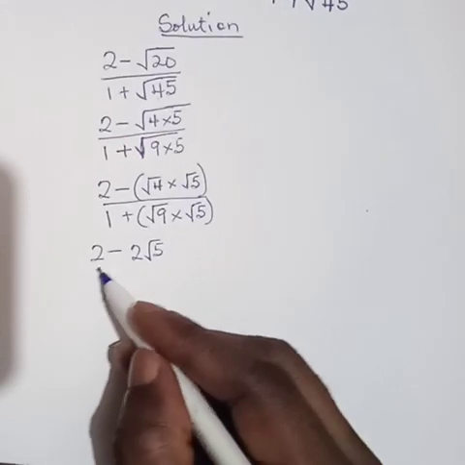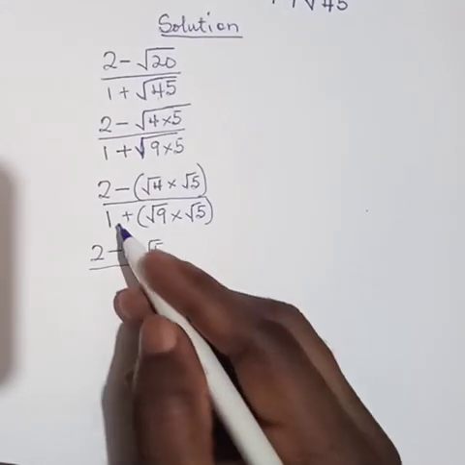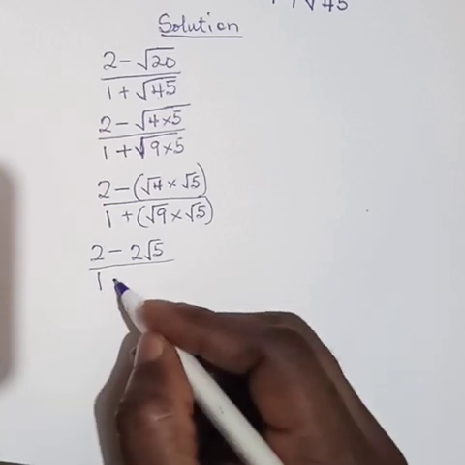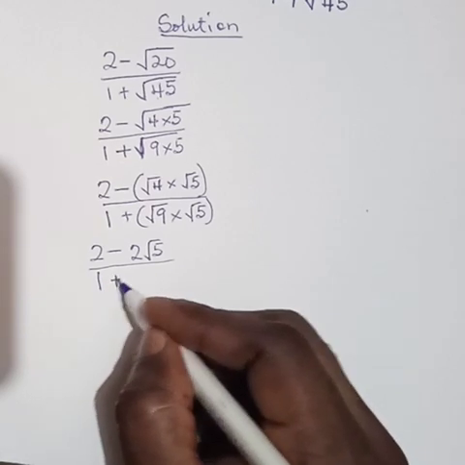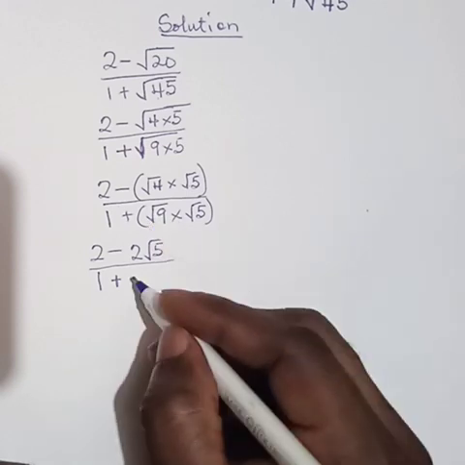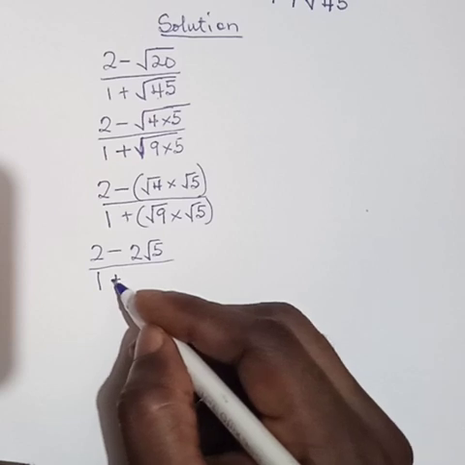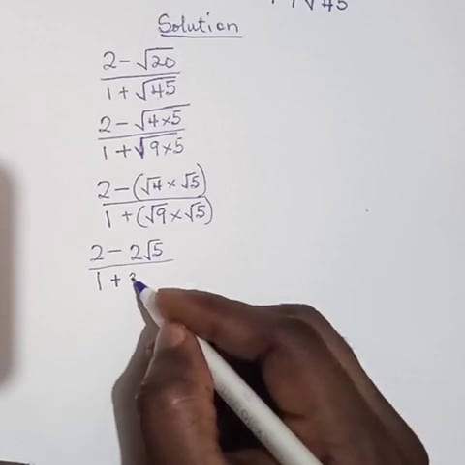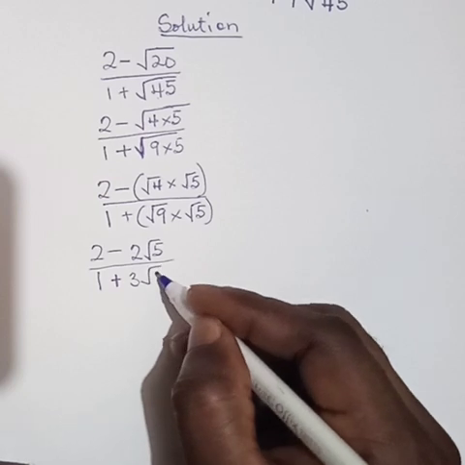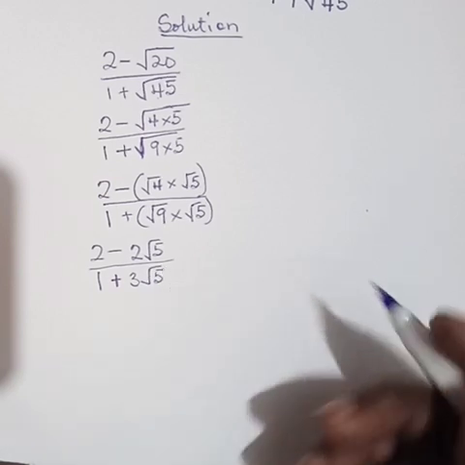Now let me do the same to the denominator. I have my 1 here plus, so what is the square root of 9? What do you think will be the answer? If you thought of 3, then you are right, times the square root of 5.